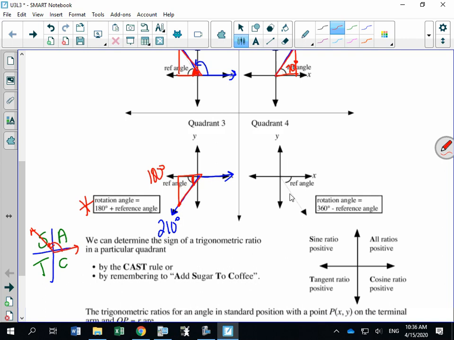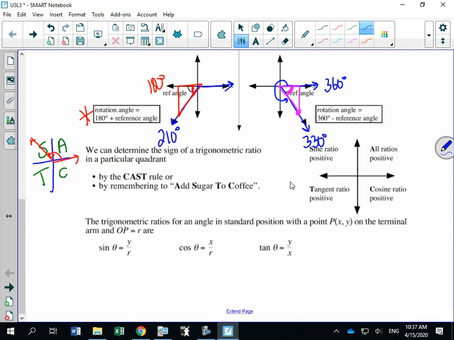Quadrant 4, let's draw a rotational angle in quadrant 4. So that would be my rotational angle. My triangle in quadrant 4 would be, there's my acute triangle. That's my reference angle. One complete rotation around a circle is 360 degrees. Let's say this terminated at 330 degrees. And I said, well, what's that reference angle? 360 minus 330 is 30.